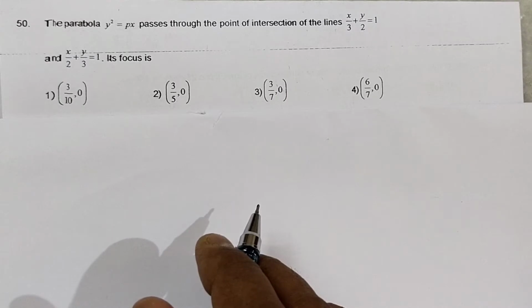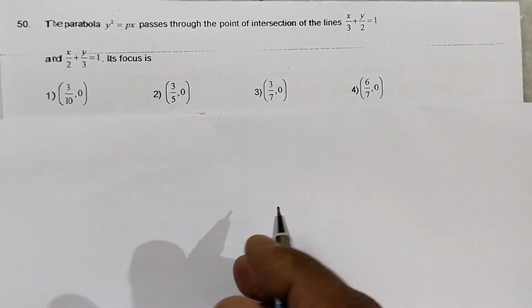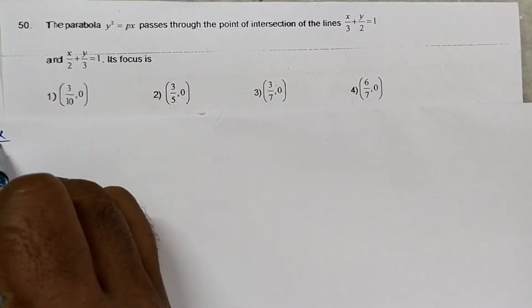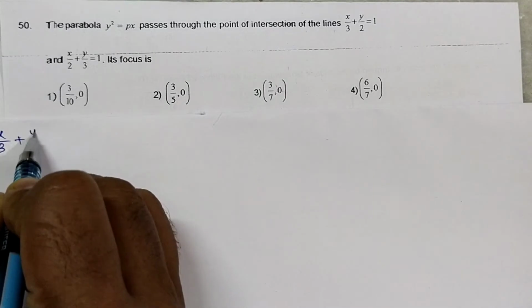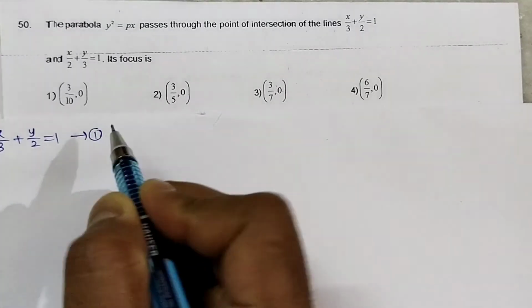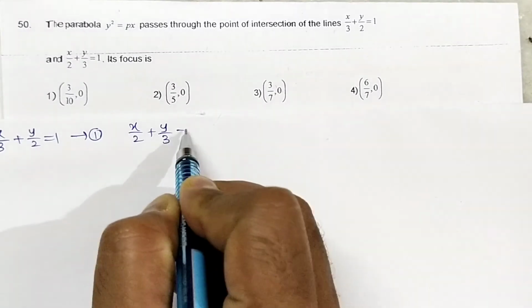First, we need to calculate the point of intersection of the lines. See, first what are the lines given. So the lines are x by 3 plus y by 2 equal to 1 and x by 2 plus y by 3 equal to 1.